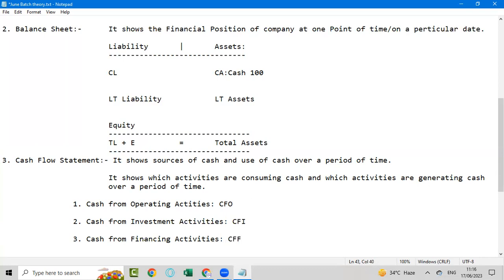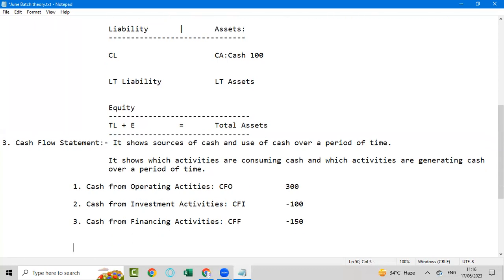Now let's suppose the operating cash was 300 during that period. Minus 100 was investing activity, minus 150 was your financing activity. If you add them up, what will you get? Surplus or positive value, surplus; negative value, deficit.